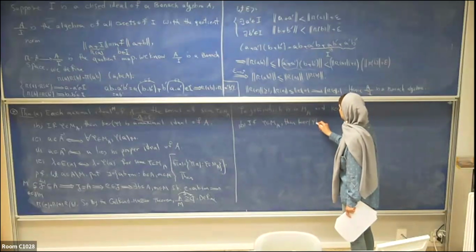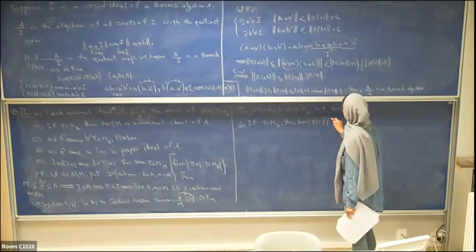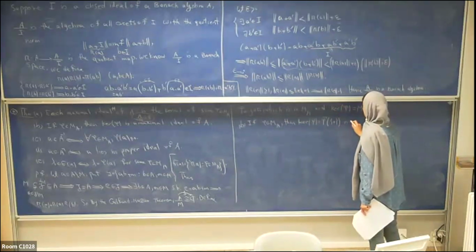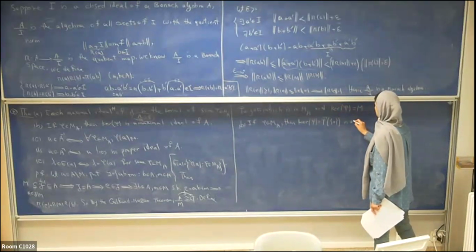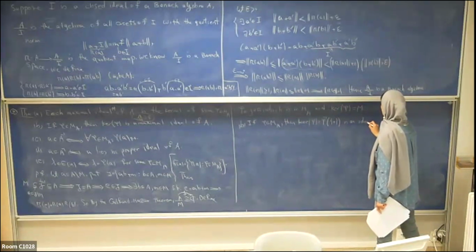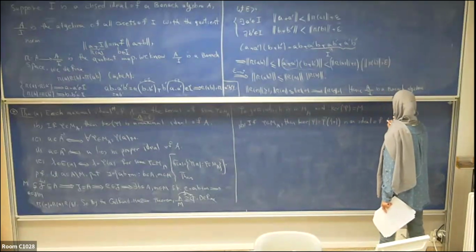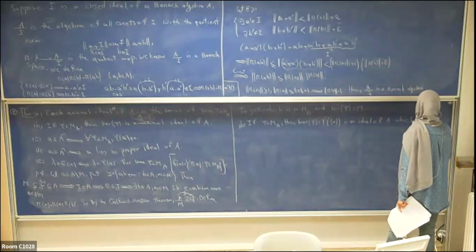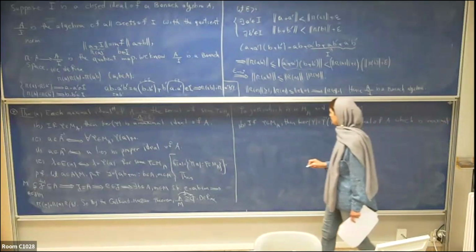Kernel of phi, because kernel of phi is just phi inverse of 0, is an ideal of A, which is maximal because it has codimension 1.